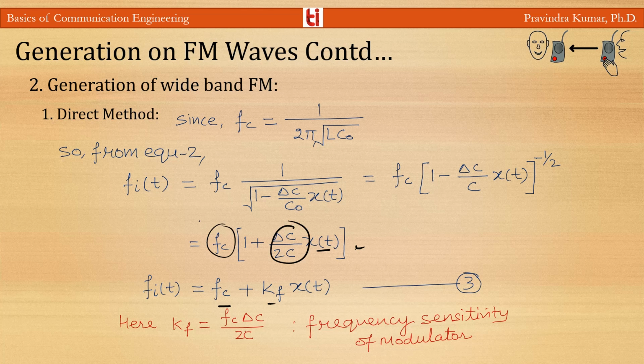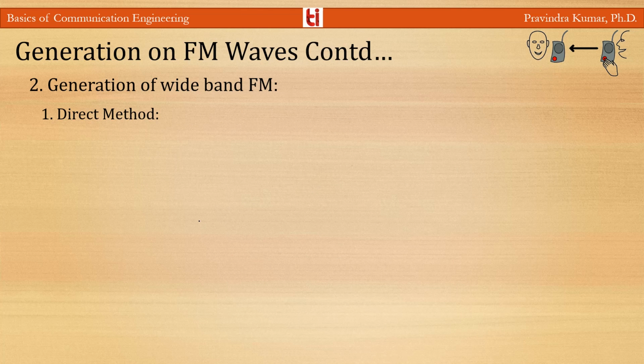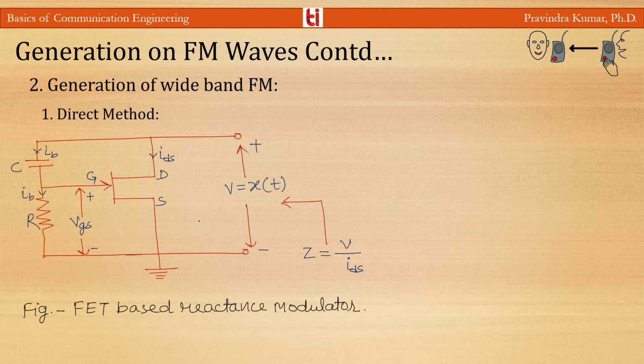And here the FET based reactance modulator and the equivalent circuit can be given as in the figure. Here this is the gate of the FET, drain and source. This is the capacitance, this is the base current IB, this is the drain source current, and this is the voltage of gate and source, and at this point we will get the V, which is x(t), and the impedance Z is V/IDS.